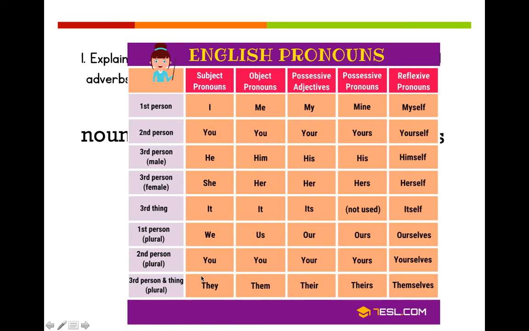There are many pronouns, and pronouns are useful because we don't have to keep repeating the noun. So for example, if I'm talking about Nick, Nick loves soccer. And if I want to keep talking about Nick, I don't have to keep repeating Nick's name, right? I can say Nick loves soccer.